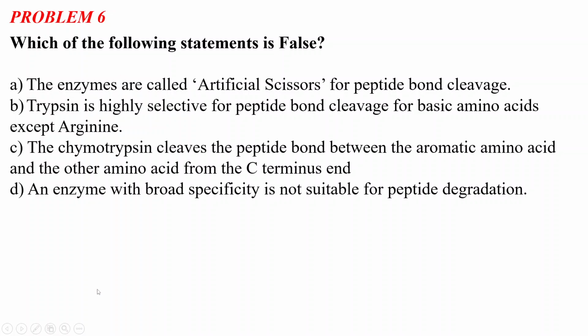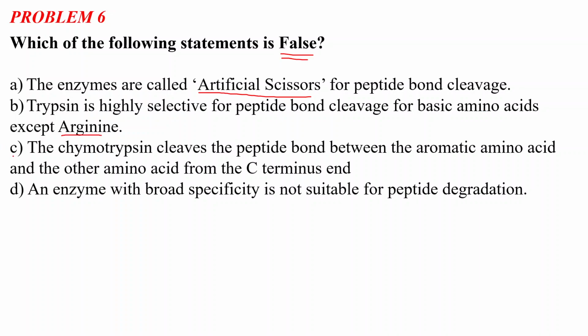Now this question requires you to answer which of the following statements are false. Again I am saying, when answering this kind of true false question, just read the question carefully whether it is asking for the false statement or the true statement. The options are as follows. The enzymes are called artificial scissors for the peptide bond cleavage. Trypsin is highly selective for the peptide bond cleavage for the basic amino acids except arginine.